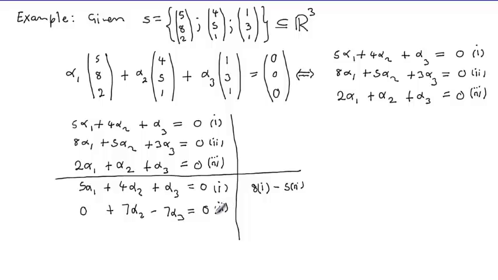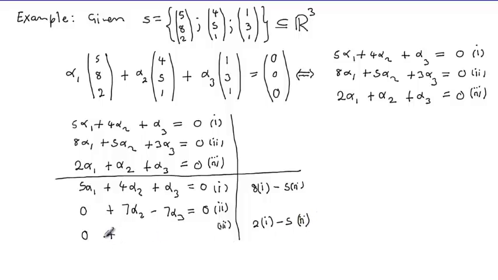And the equation 3, we also eliminate alpha 1 here. Let's put a 0 here, which we'll get by saying 2 equation 1 minus 5 equation 3.